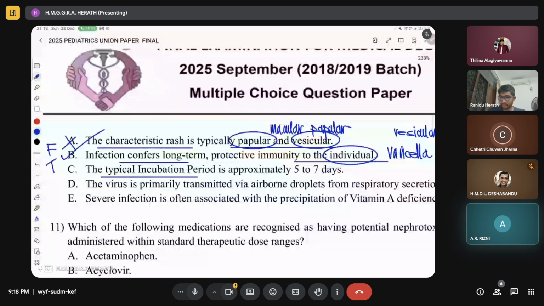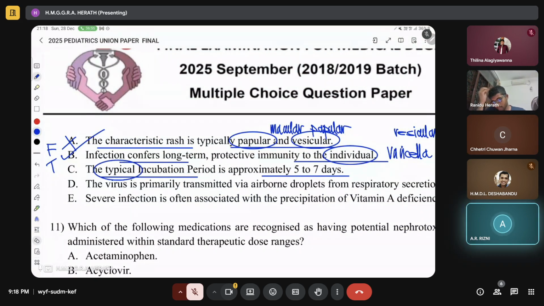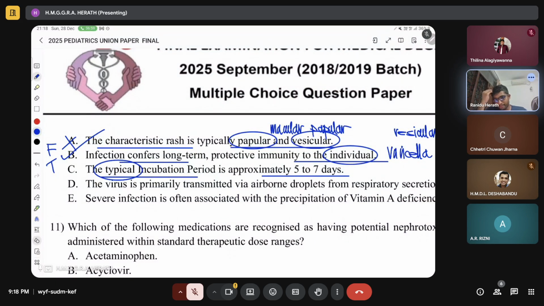They can get it again. They can get shingles, right? They usually don't get shingles again, but sometimes when the immunity reduces, they can get the infection. Understood? So we can also say that varicella zoster confers long-term protective immunity. You have to be careful. I would suggest you not to answer that and go to the next step.